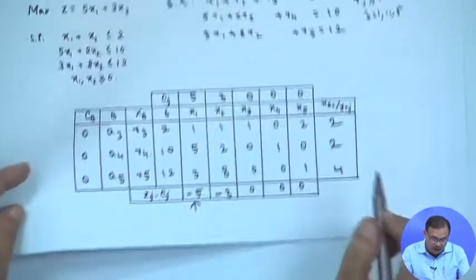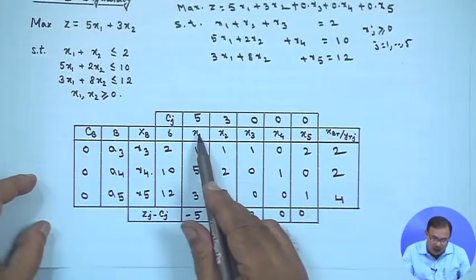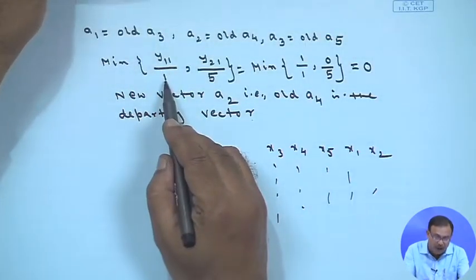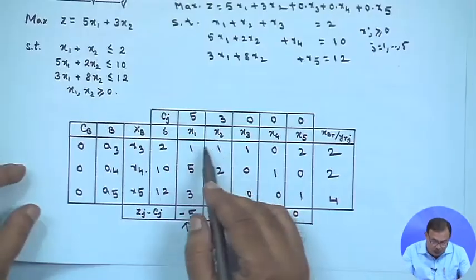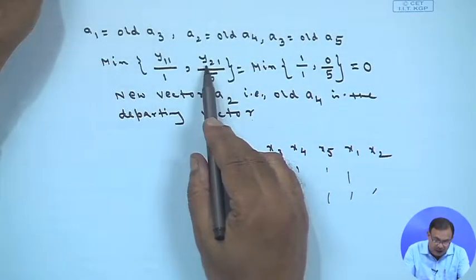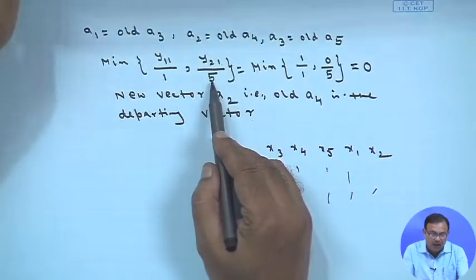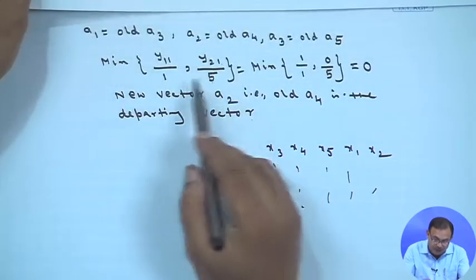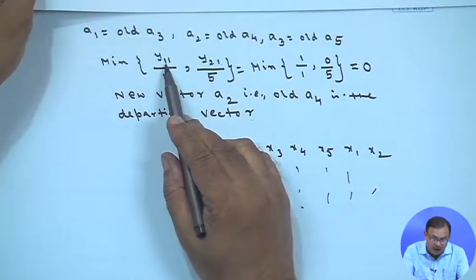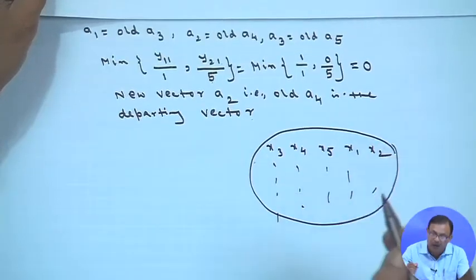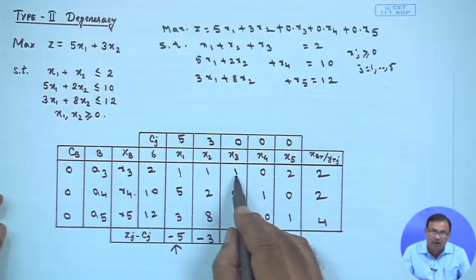Now for the minimum, this is the column yi, I will take the first one. So, y11 divided by y11, the old value of y11 is 1. So, I have made it 1, then it is y21 by this value here, which is 5. So, it is 1 by 5. Now, this y11 I will take from this new table. y11 means basically the value of x3, that is 1.